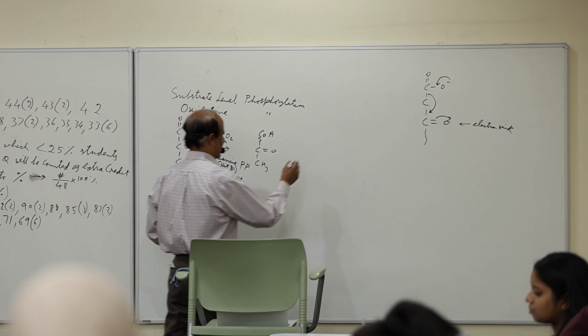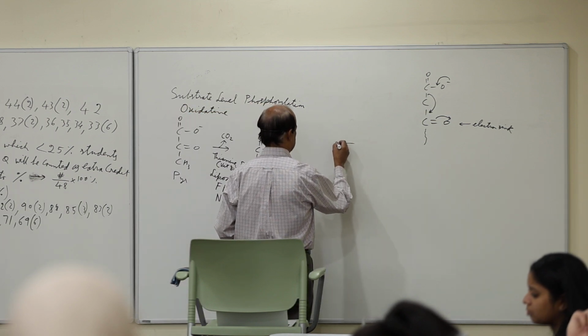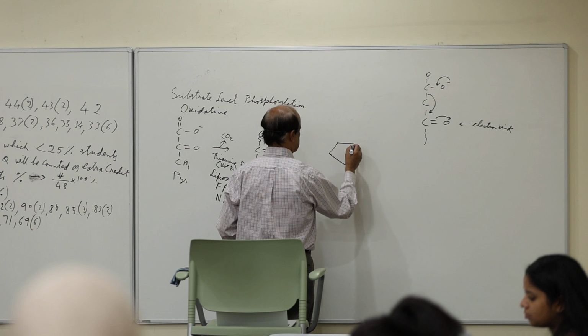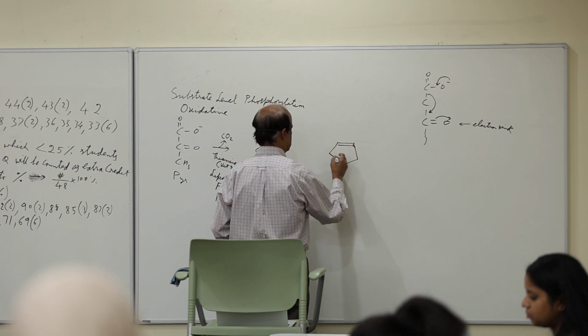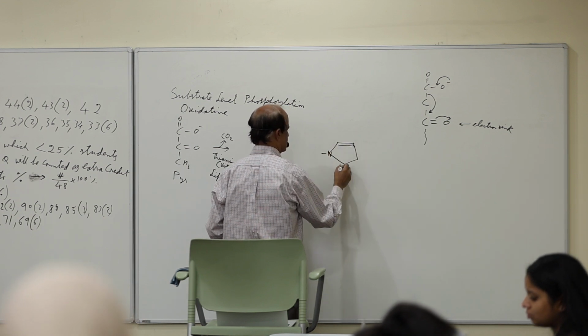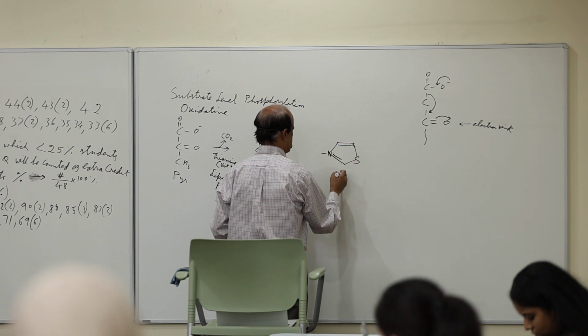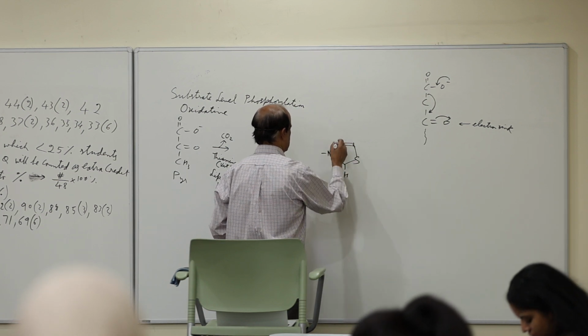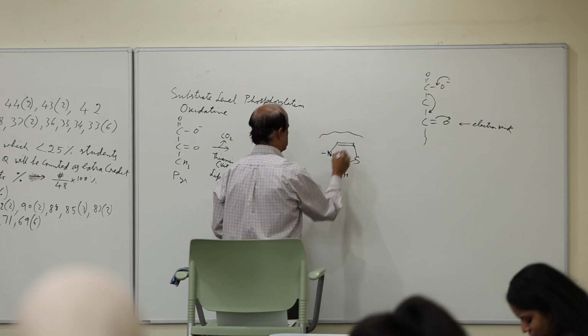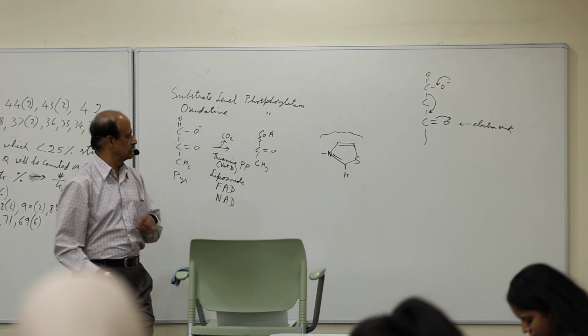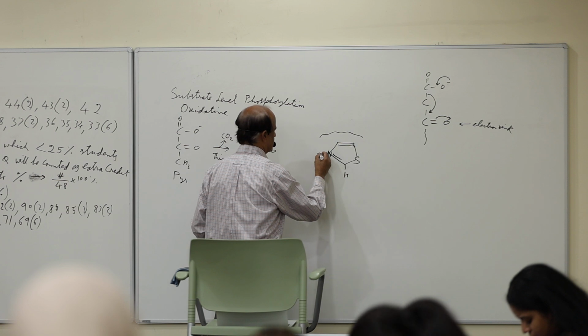The first one, thiamine pyrophosphate, again I'm not drawing the whole structure, just the important and relevant part of it. And there is more here. So this is the part that is important.